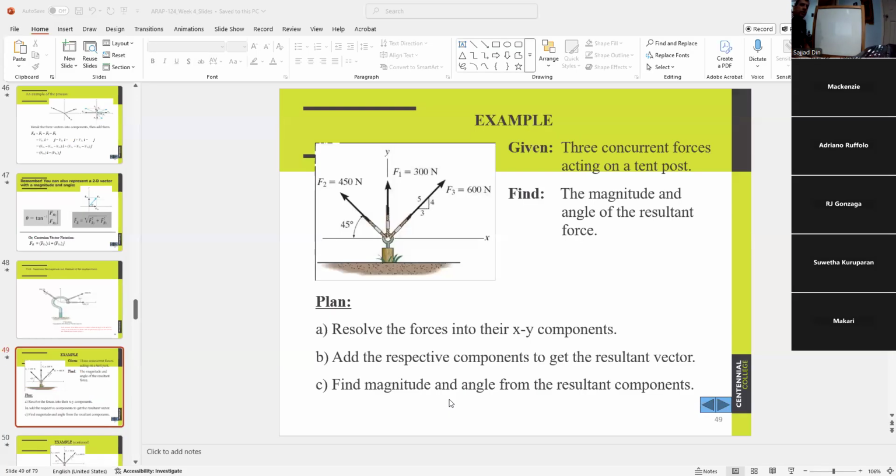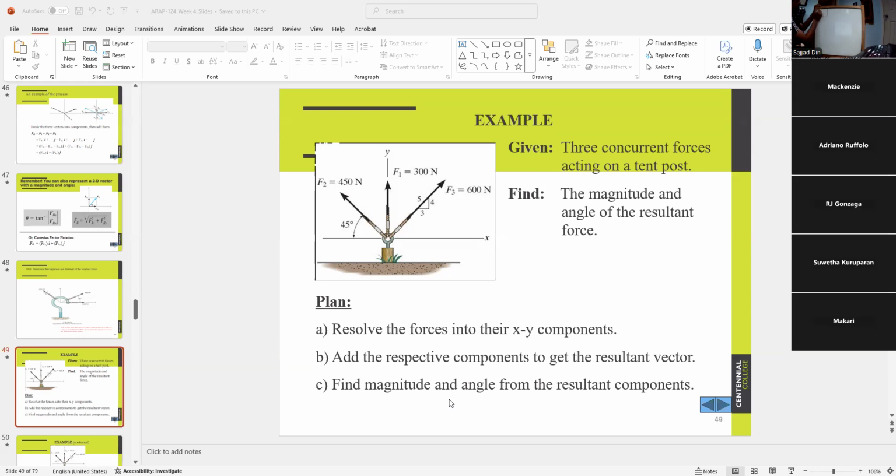Okay, let's see another question. So let's take a look at this question now. As previously mentioned, I'm going to save what I have.